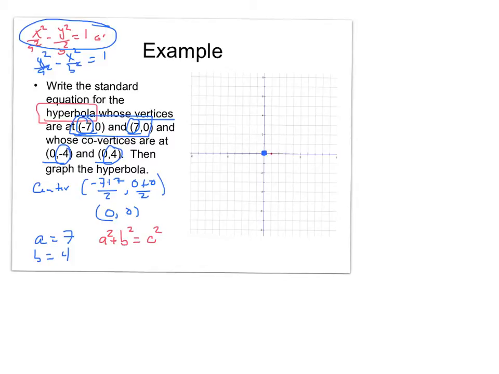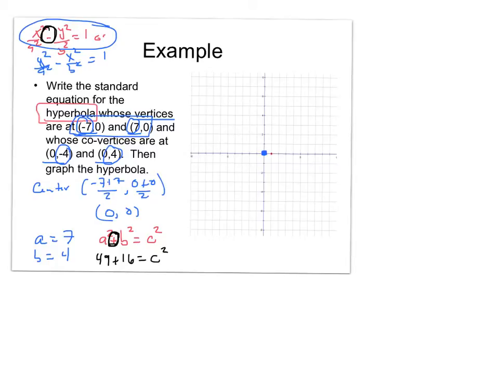So what I'm doing is a couple things. I know this formula is slightly different than an ellipse. In a hyperbola, we subtract the terms in the equation. But when I use this little formula, which is the Pythagorean theorem, I'm going to use a plus. So to find c squared, I'm going to plug in my values. I get 49 plus 16 is equal to c squared.